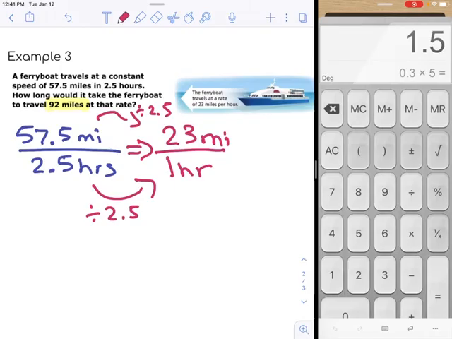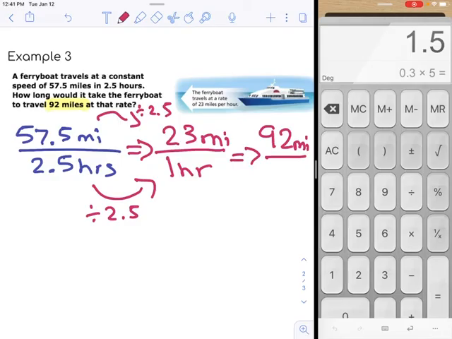But since we already know how far we're going in 1 hour, now we can figure out how long it's going to take us to travel 92 miles. In this case, we don't know how many hours we're traveling.